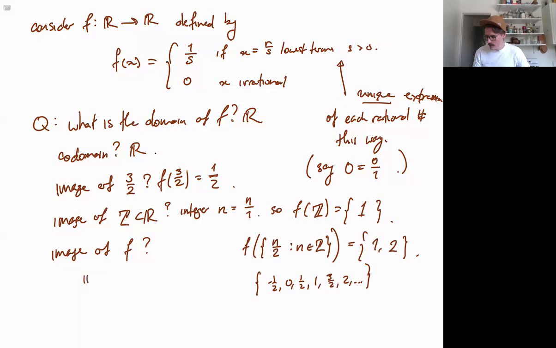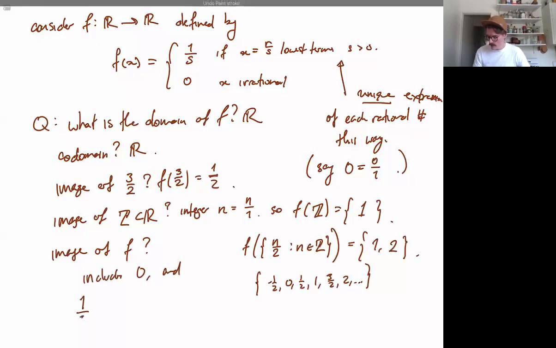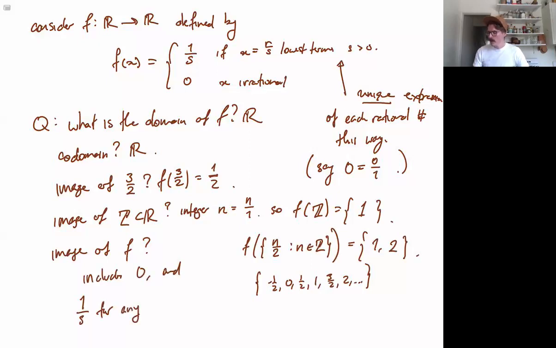So it includes 0 and 1 over s for any s greater than 0, or I should say for any integer.